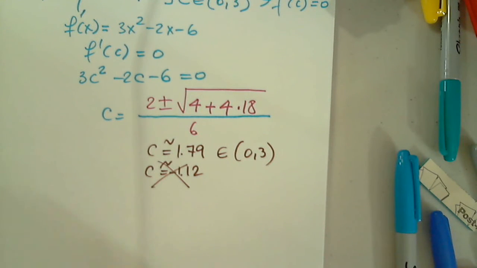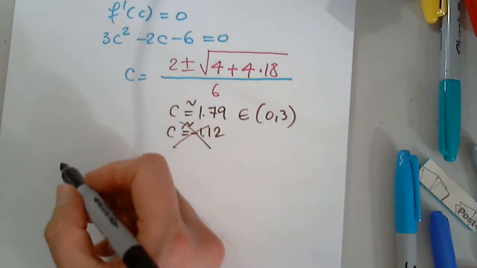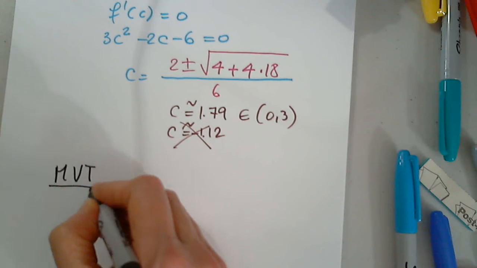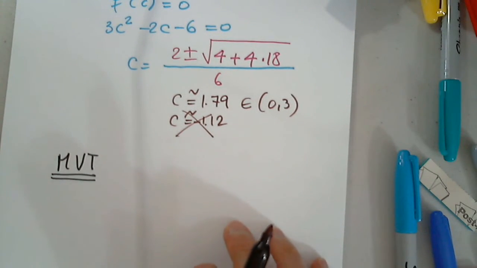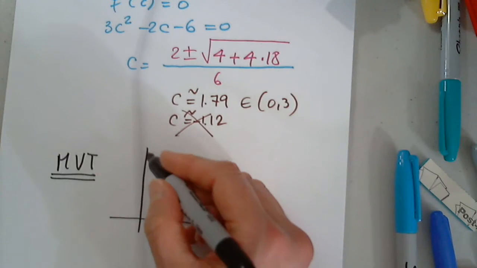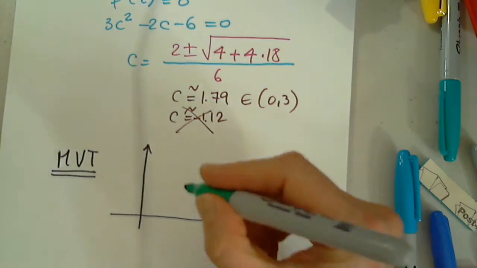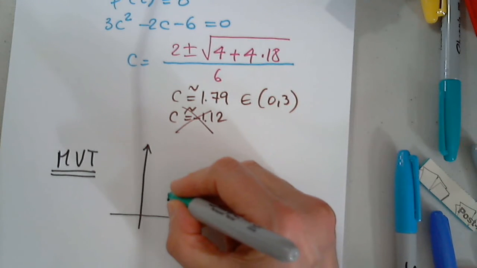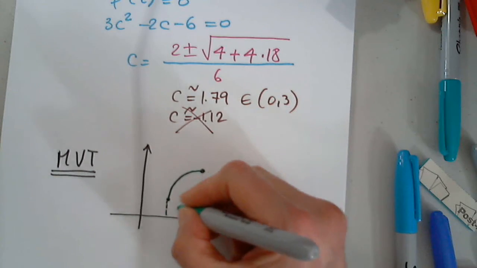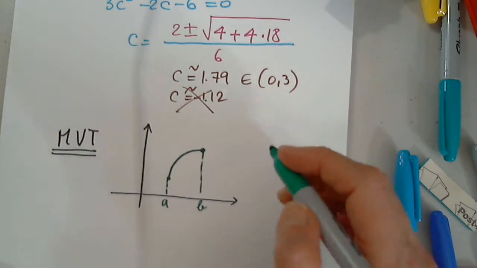The other theorem is very similar, and it's called the mean value theorem, MVT. Here's the scenario for the mean value theorem. Let's say we have a function that does this on the closed interval [a, b].